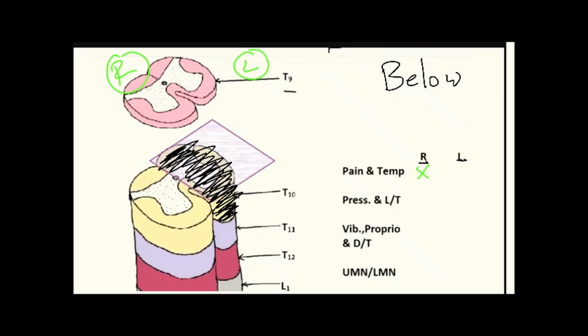No. On the right, pain and temperature below the injury, no, because it's got to cross over and go up through it. It's going to get hit. On the left side, pain and temperature below the level of the injury, will I have any problems with pain and temperature on the left side? No. It's totally fine. We're good.